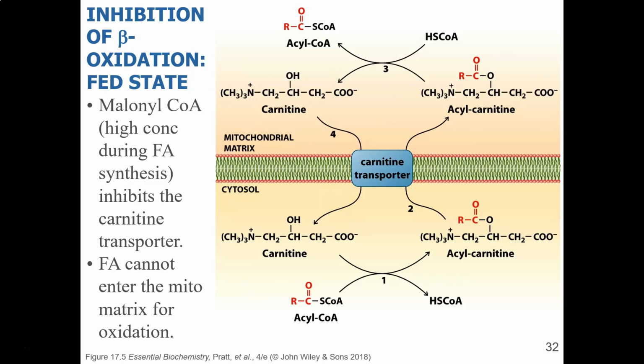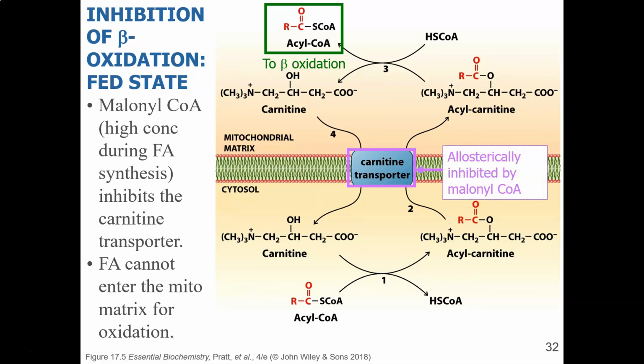So again, in the fed state, if we are synthesizing fatty acids, we don't want to be breaking them down at the same time. There isn't any reason to do that because we're fed. So the carnitine transporter that allows the fatty acyl-CoAs, as linked to carnitine, to go into the mitochondrial matrix for breaking down, we want to make sure we inhibit that process.